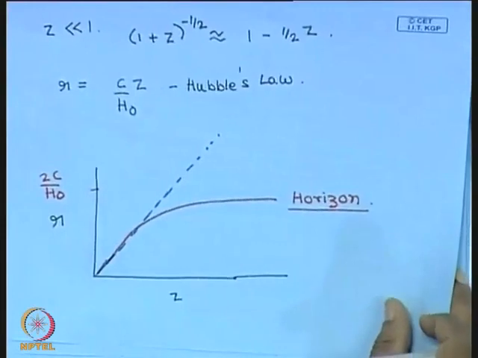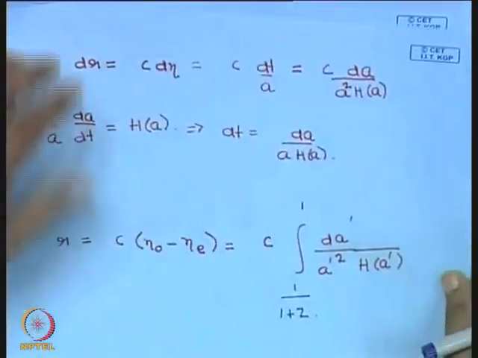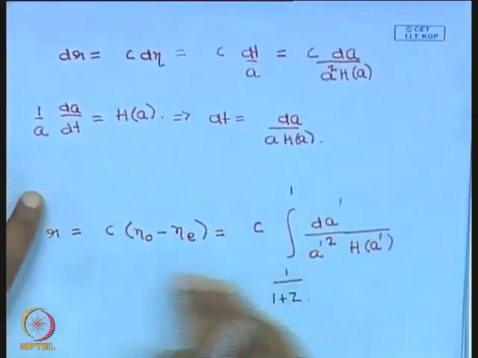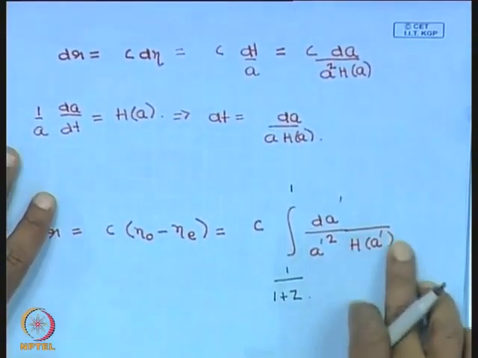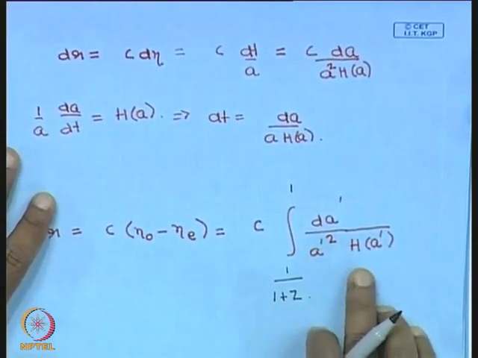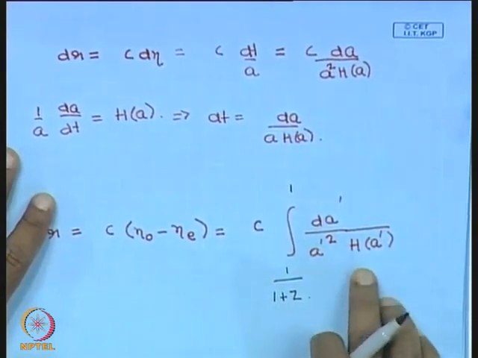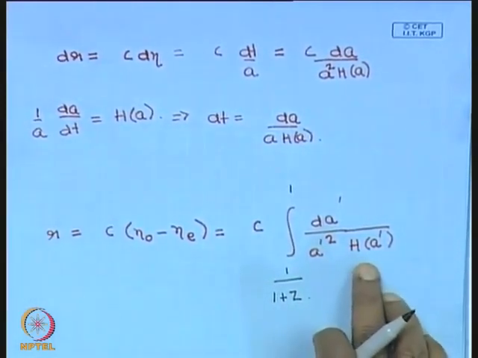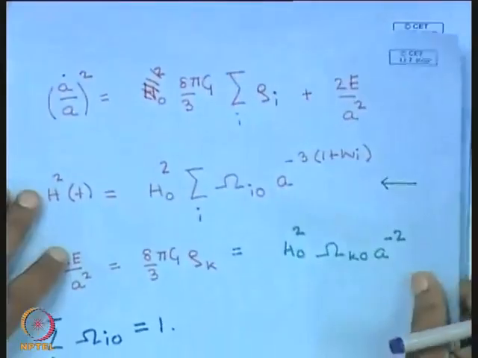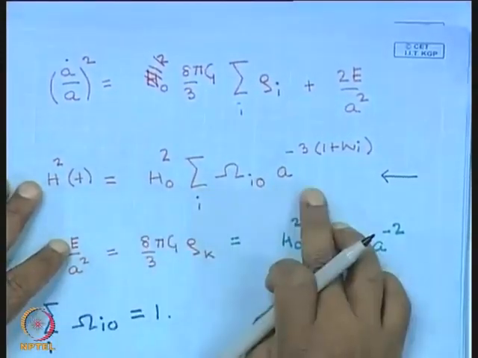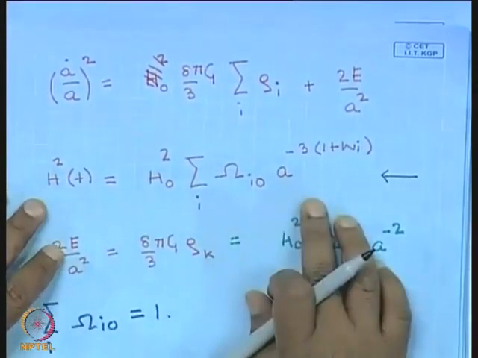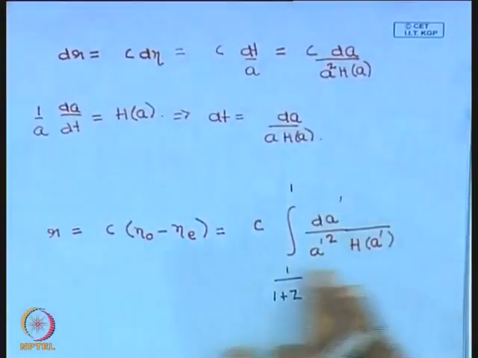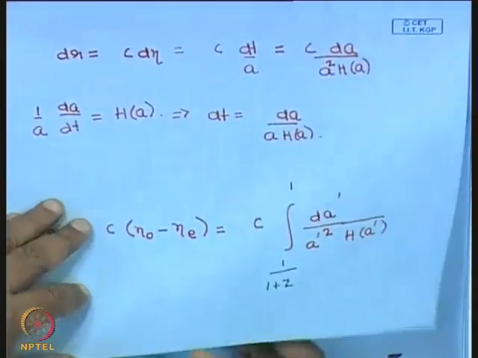Now you should realize that the statements that we have made all depend on the cosmological model. Suppose I was in a different cosmological model, by that we mean if the density parameter had a different set of values, then my Hubble h square a would be a different function and these results would be changed.